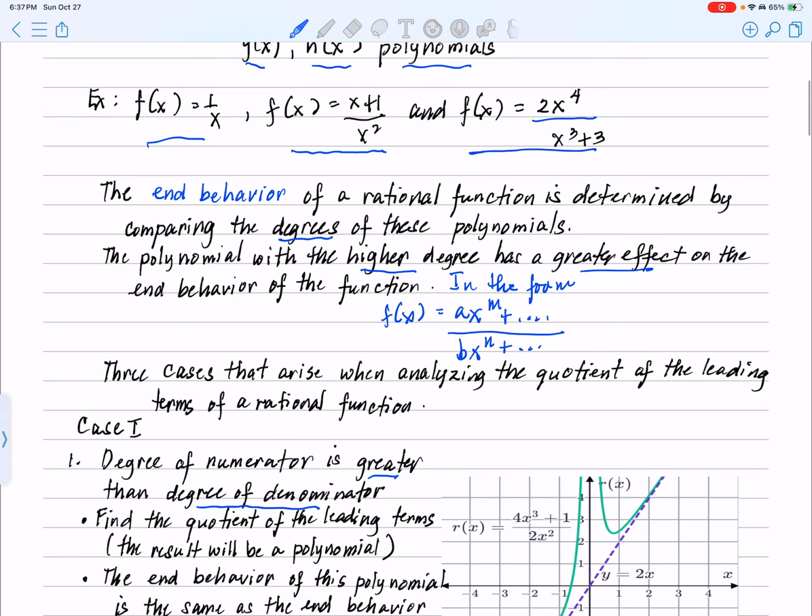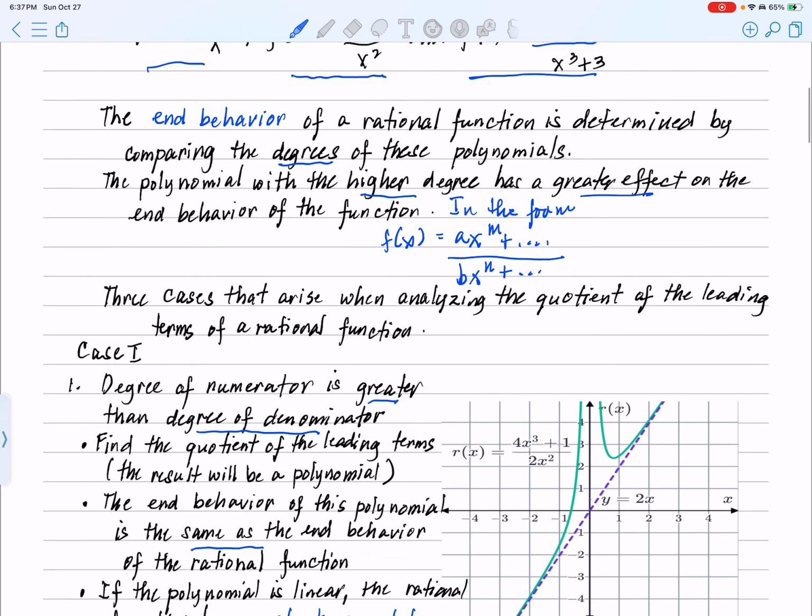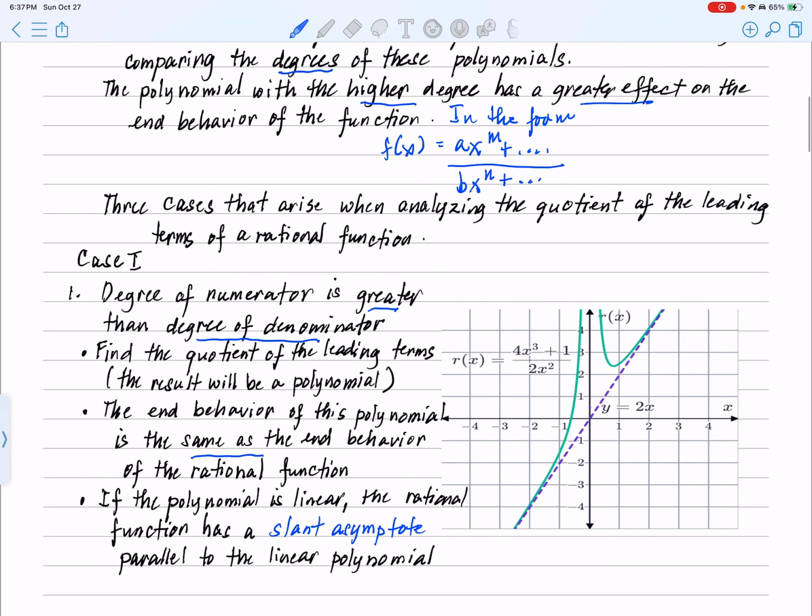So let's do this. In case 1, the degree of the numerator is greater than the degree of the denominator. This is the degree of the numerator, and this is the degree of the denominator. That means in case number 1, the degree of the numerator, which is m, is greater than the degree of the denominator, which is n.